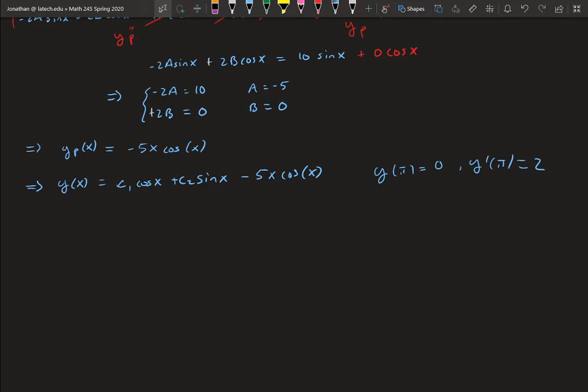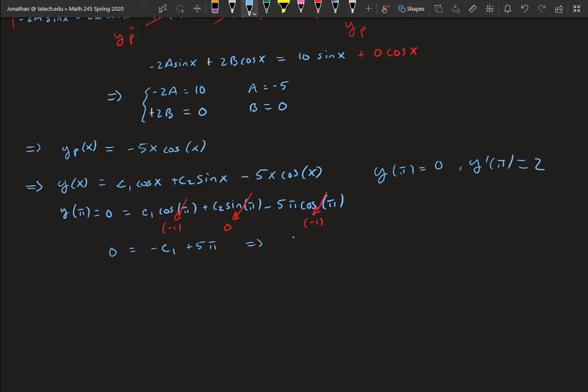Now, y of pi equals 0 means c1 cosine of pi plus c2 sine of pi minus 5 pi cosine of pi. So let's see, sine of pi is 0. Cosine of pi is -1, and cosine of pi is -1. So this is going to tell us that 0 is equal to negative c1 plus 5 pi.